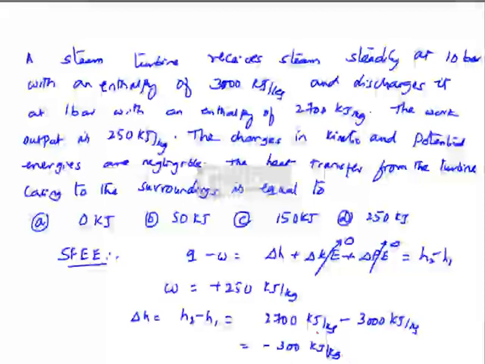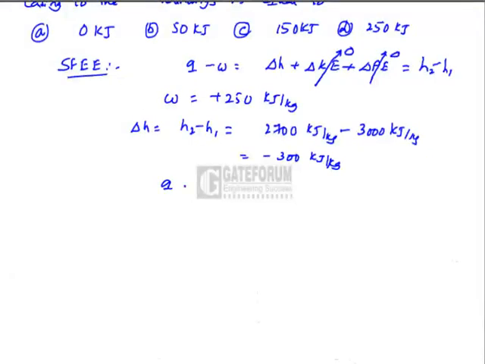Substituting these values in the above equation, we get Q minus of plus 250 is equal to minus 300, implies Q is equal to minus 300 plus 250. It becomes minus 50 kilojoule per kg.